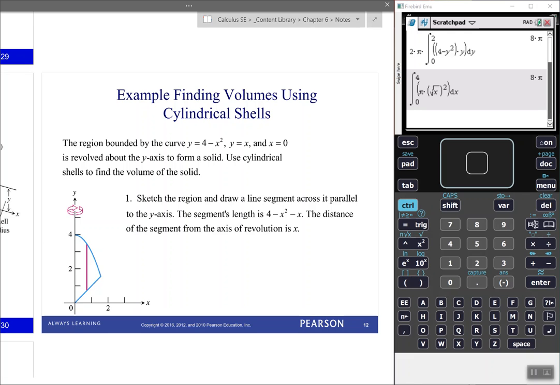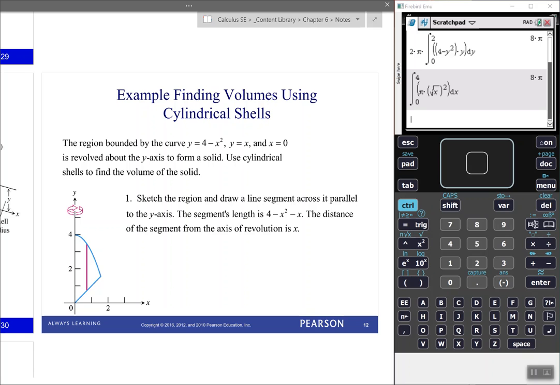It's got two functions now. So they do give us kind of the first step here, and then I'll cut you loose and see what you can do after that. But we have the two graphs, and the region that's going to be revolved, that's going to form this solid, is the space in between these two functions. So that goes back to the area between two curves, and you can see that they've got those subtracted.